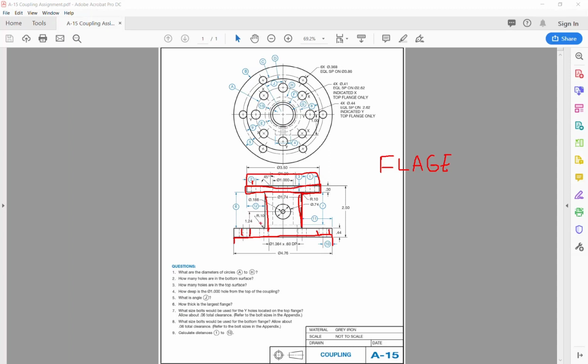So flanges essentially are diametral features that are increased in size from the main body, so we can allow for bolts or fasteners to pass through. Let me show you this shape in Inventor.